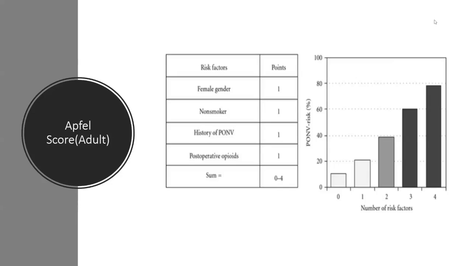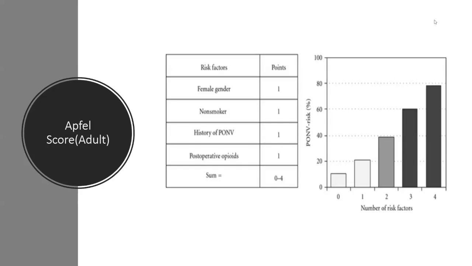So once a patient has one risk factor, they have a percentage risk of about 20%. The risk factors that are implicated are if a patient has female gender, is a non-smoker, has a history of postoperative nausea and vomiting, and there's also a use of postoperative opioids.